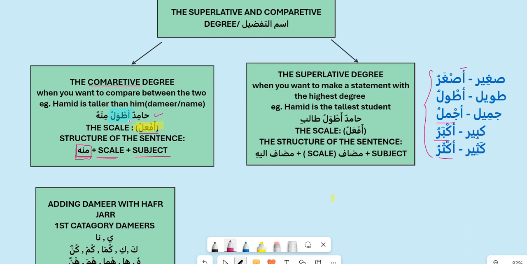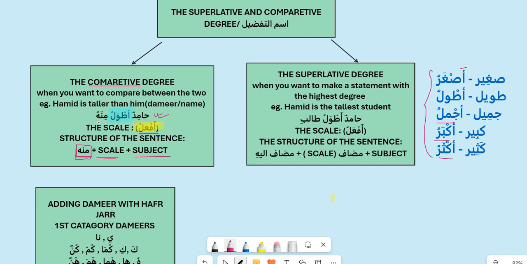So if you are translating this Arabic sentence into English, what will you translate atwalu into, tallest or taller? First of all, you will check what kind of structure it is. Is there a harf jar with the damir? Here, it may come with a noun also, or it may come with a damir also. So if there is a minhu, that means this is our comparative degree.